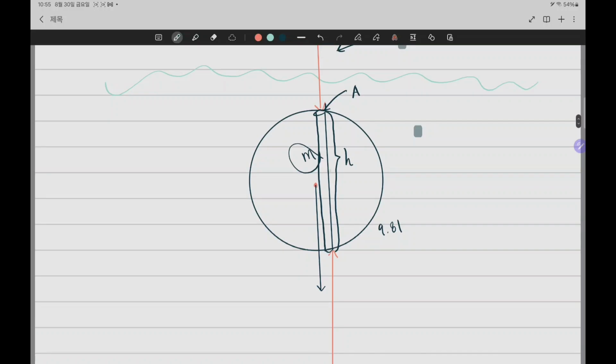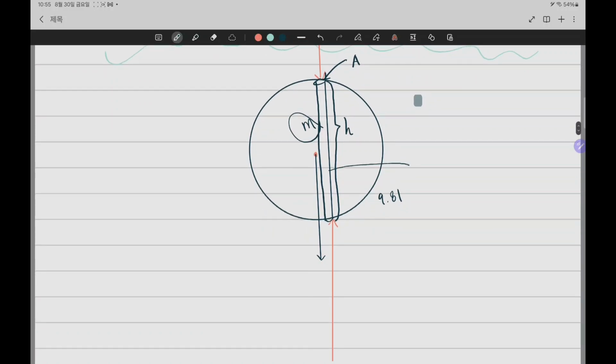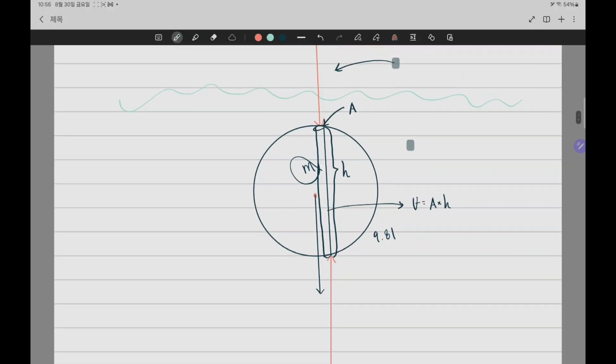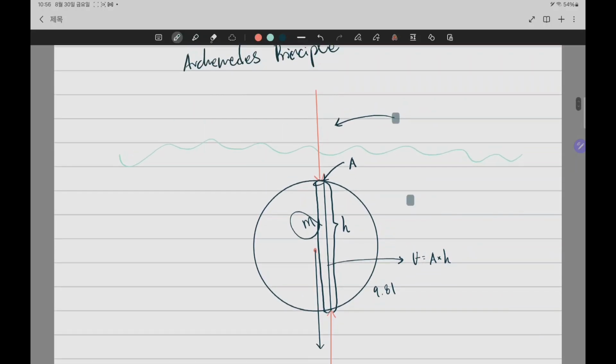This is the height h, this is the area A, and the volume of this would be A times h. If you are familiar with mathematics, you should probably know about this.